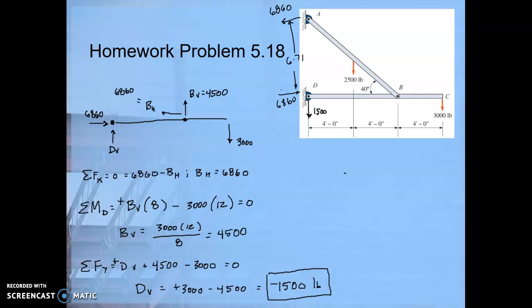And you can think of this, again, almost like the teeter-totter I mentioned in an earlier example. This reaction at B, the pin is holding that horizontal member up. And then we've got the force out here at the right pulling it down. So we also have a negative reaction force down here at the left. So these two forces at either end are balanced about this.